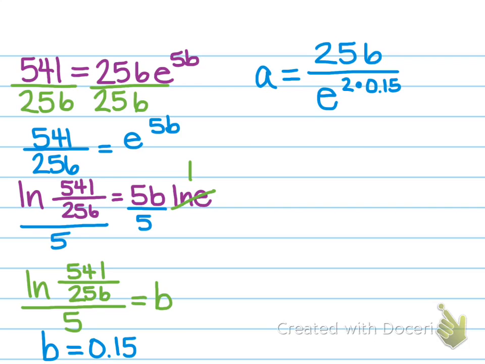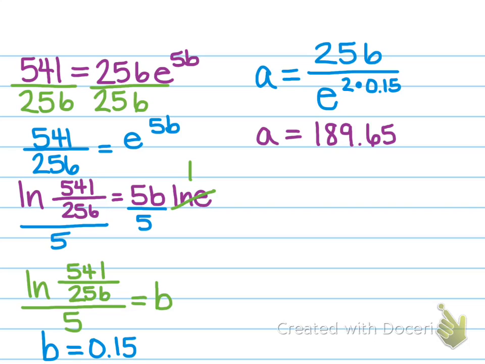Type this into the calculator and it turns out that A is 189.65. So when this bacteria started growing at time equals 0, there was 189.65 units of it. Whether it's grams or milliliters, we don't know. 2 hours after that, the value was 256, I believe. And then 5 hours later, it was 541.